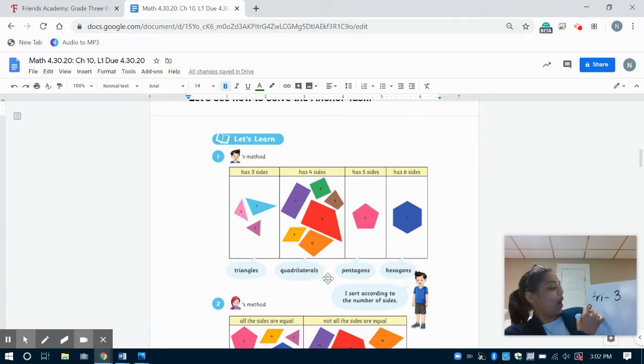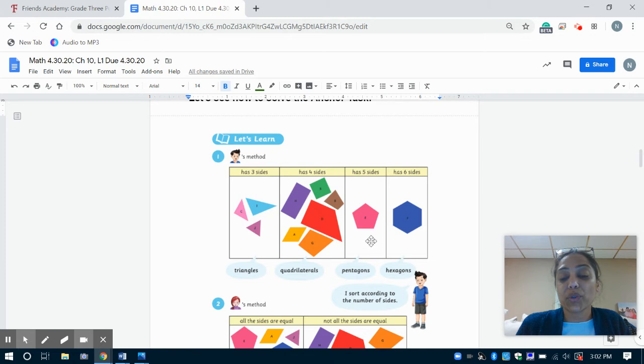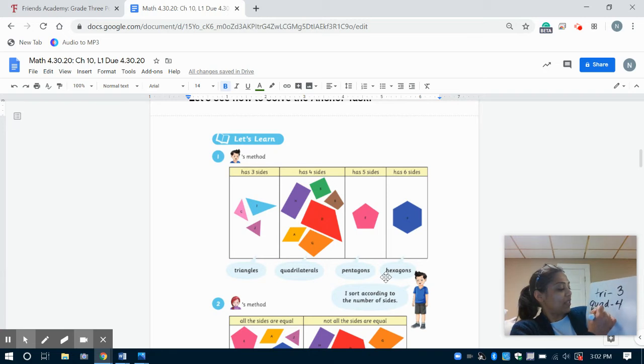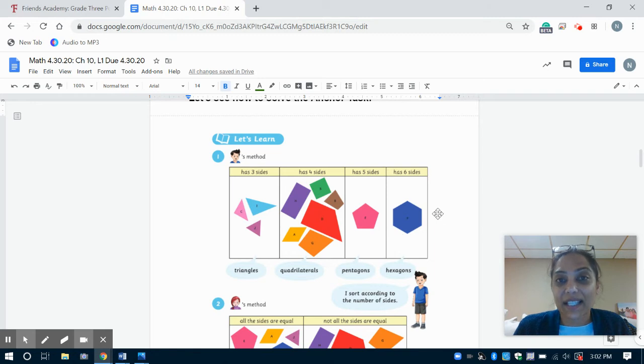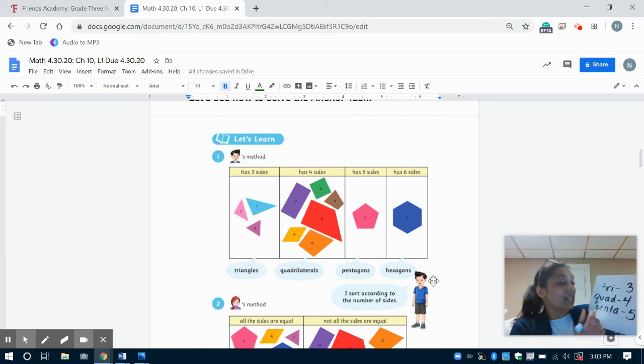So quad, what do you think that means? 4. And he also sorted them by having 5 sides. Those are known as pentagons. Penta, meaning 5. And lastly, 6 sides. So we see here one of them has 6 sides, and a six-sided figure is known as a hexagon.